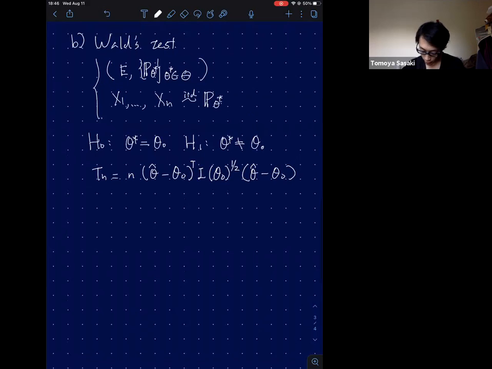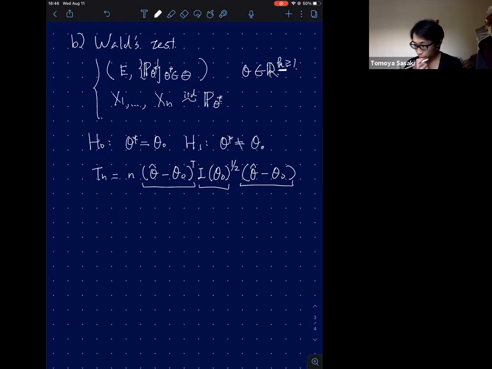Here I'm assuming that the parameter theta has some dimension k, which could be greater than 1. That's why I'm writing this in terms of vectors and transposes. And the Fisher information is potentially going to be a matrix.